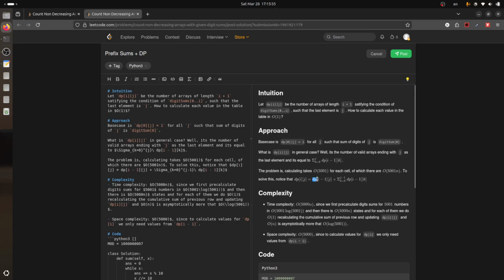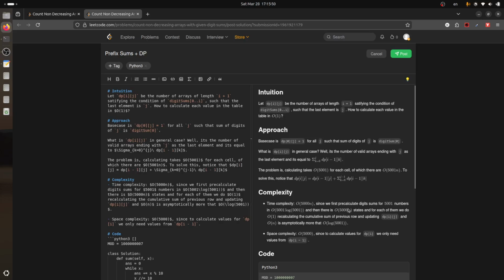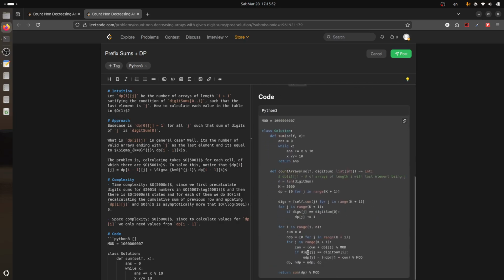So what's this value? Well, if we take a look at this, it's exactly dp[i-1][j], which we have calculated in the previous row. So what I'm going for is that we essentially need the prefix of the previous row, and we can easily calculate it.